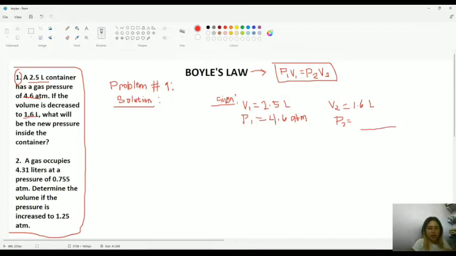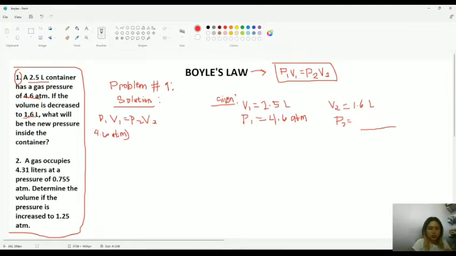Lalagay natin yung formula dito. P1 times V1 equals to P2 V2. So, sasubstitute lang natin yung mga given, no? Sa initial pressure, meron tayong 4.6 atmosphere.